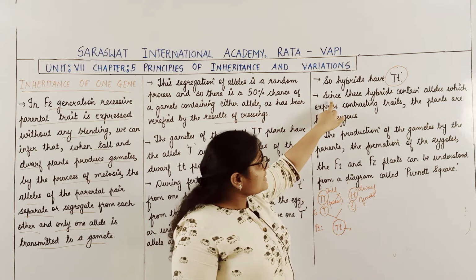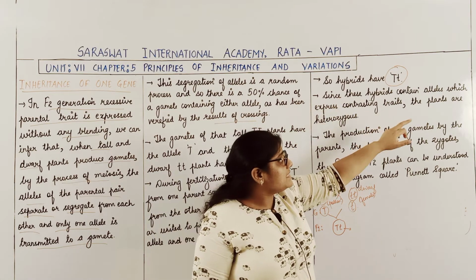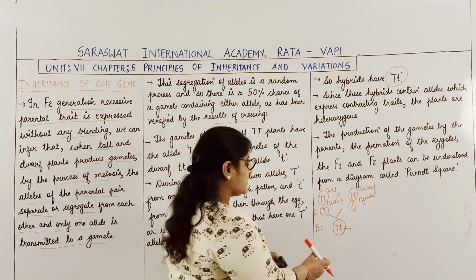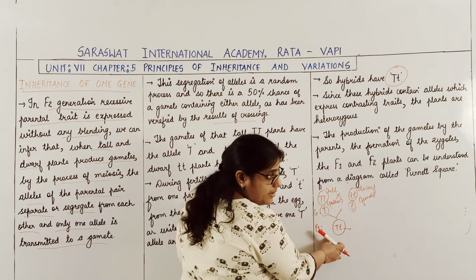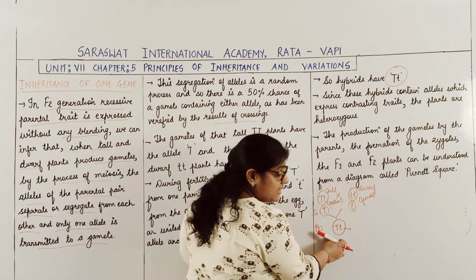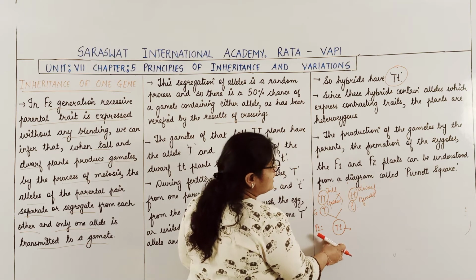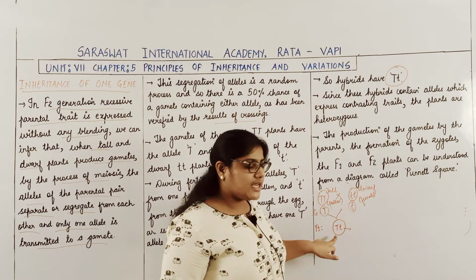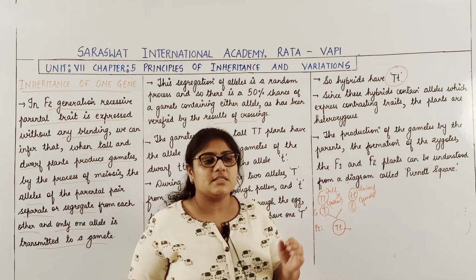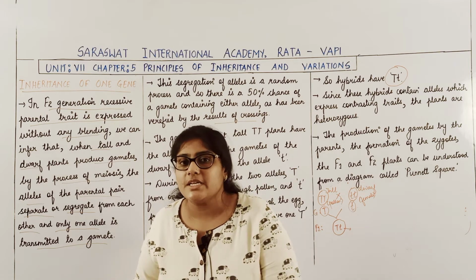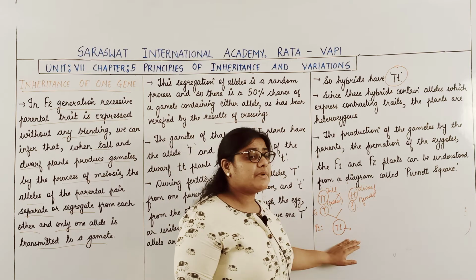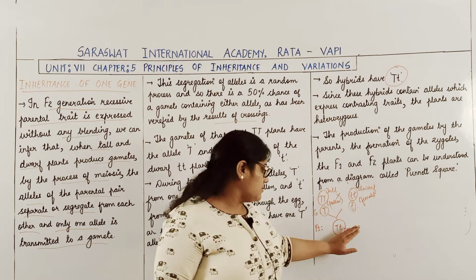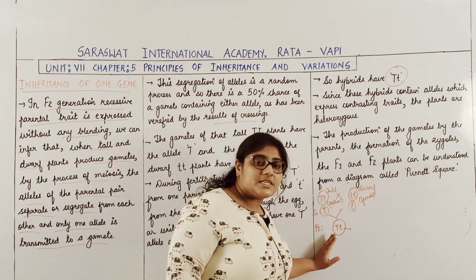Now since these hybrids contain alleles which express contrasting traits, see this is a hybrid, right? Now this hybrid contains what? It contains the alleles which express the contrasting traits. Say for example, we know capital T means tallness, and small t means dwarfness. So this hybrid contains the genes which express contrasting traits, because one of the alleles expresses which character?